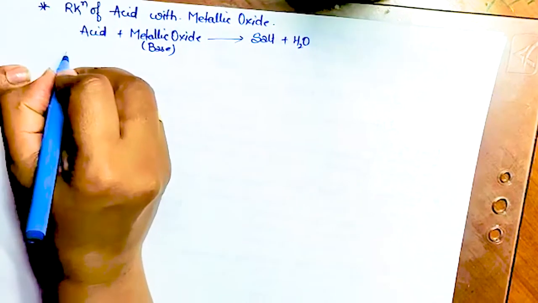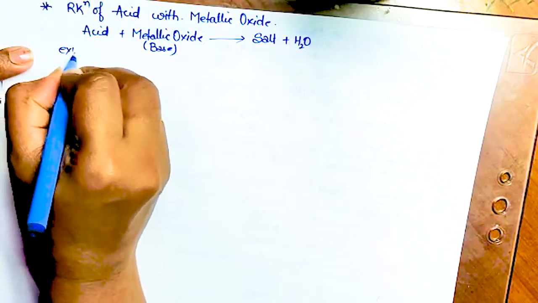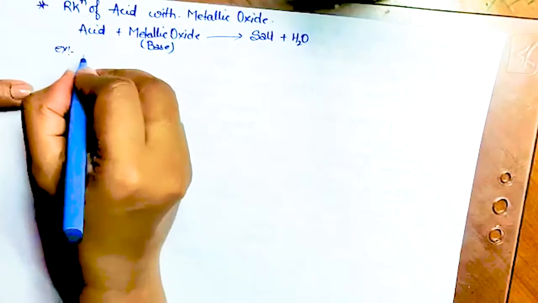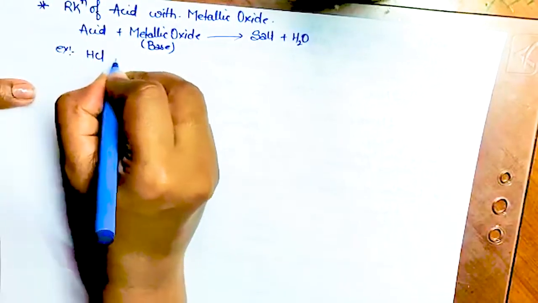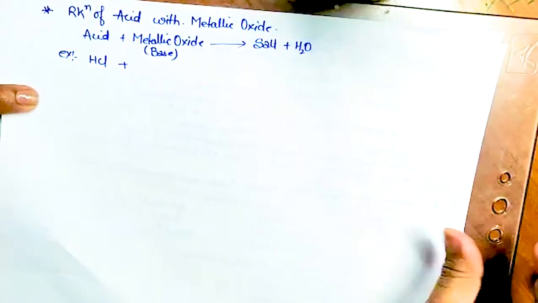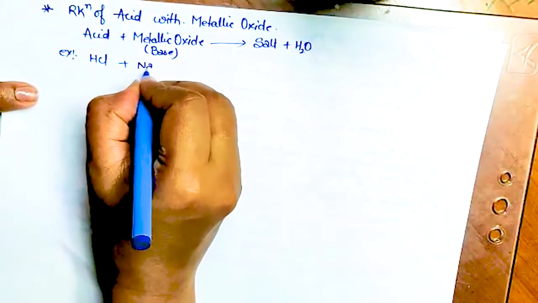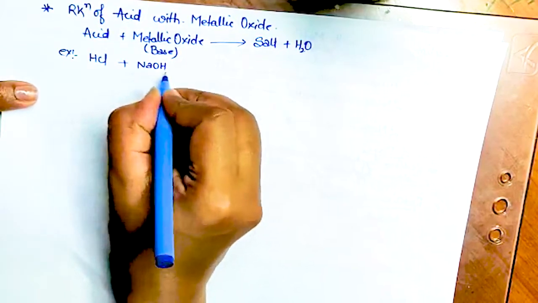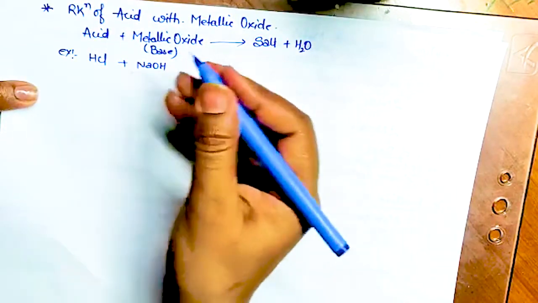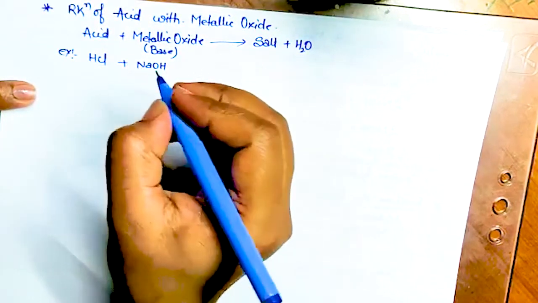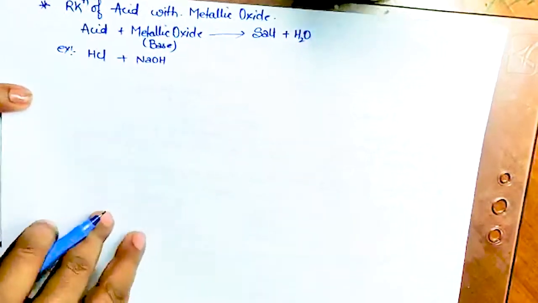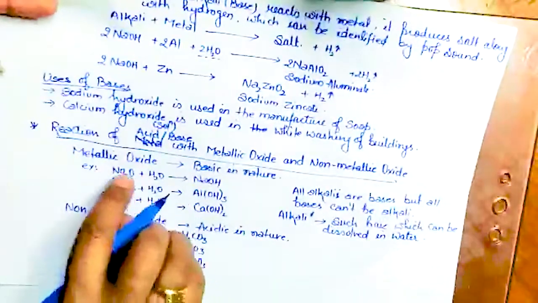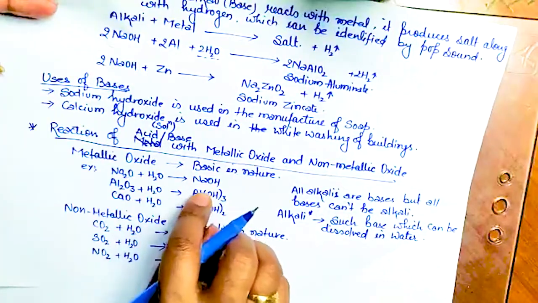Let me take an example. Any acid you take, suppose I am taking HCl, and any metallic oxide you take, NaOH. Any doubt in this? This is a metallic oxide, metallic hydroxide or oxide, you can take it. I have explained that a metallic oxide will finally give you a metallic hydroxide.